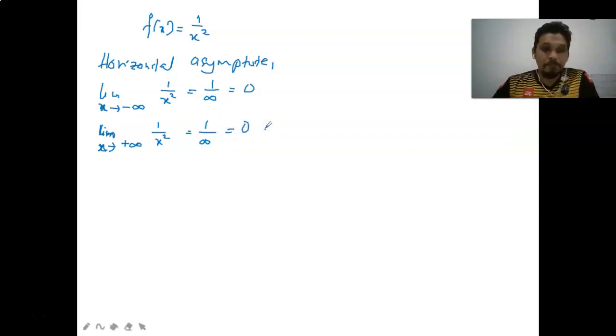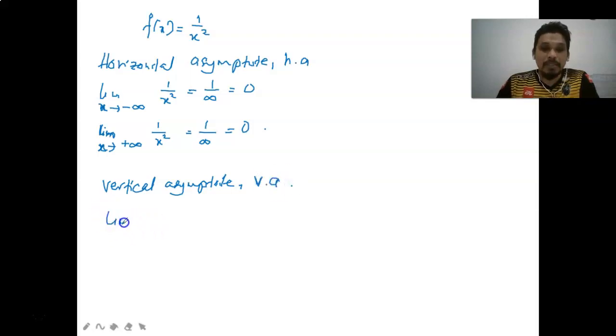Okay. And then for the vertical asymptote. Mostly we make a short form as HA, horizontal asymptote, and vertical asymptote VA.